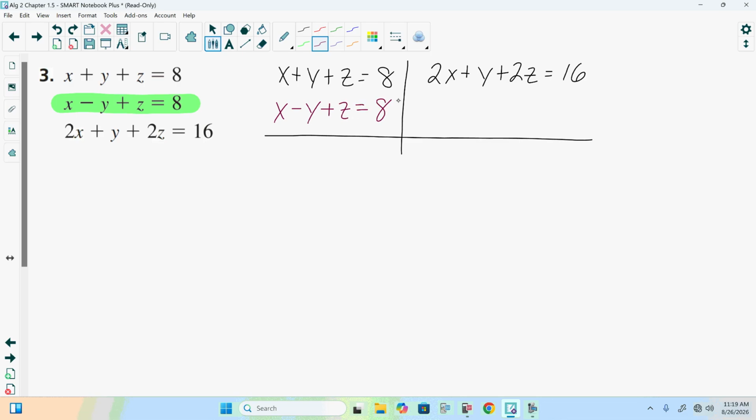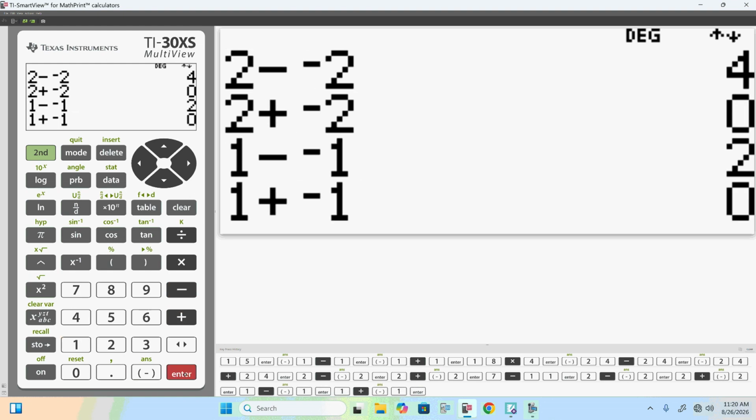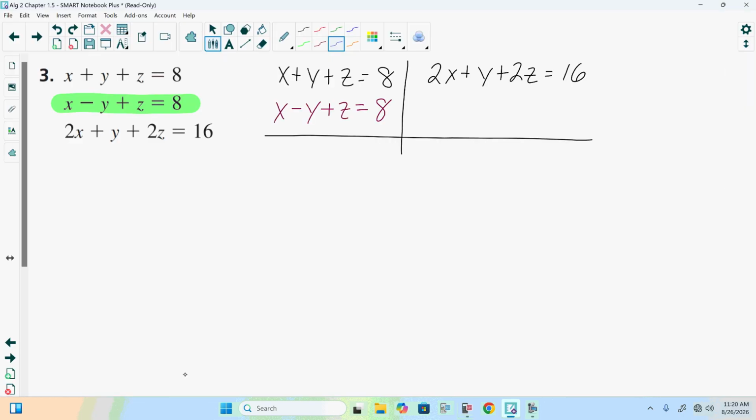Since the numbers in front of y are already the same, we don't have to multiply it by anything. We can just list it underneath. And since we're wanting the y's to eliminate, we need to figure out if we're going to add or subtract. Because we have y and negative y, so 1 and negative 1. 1 minus negative 1 would be 2. 1 plus negative 1 would be 0.